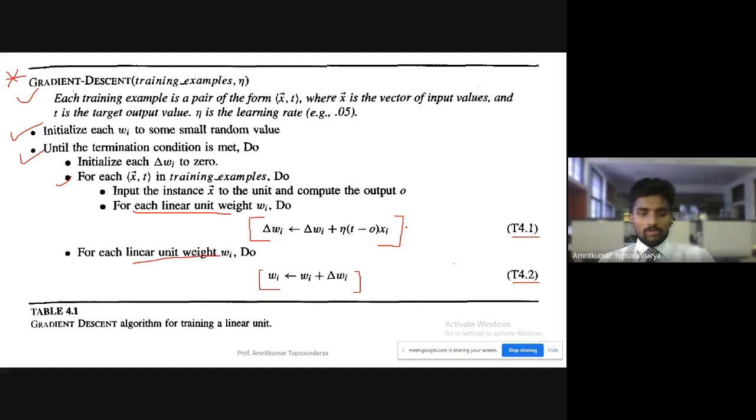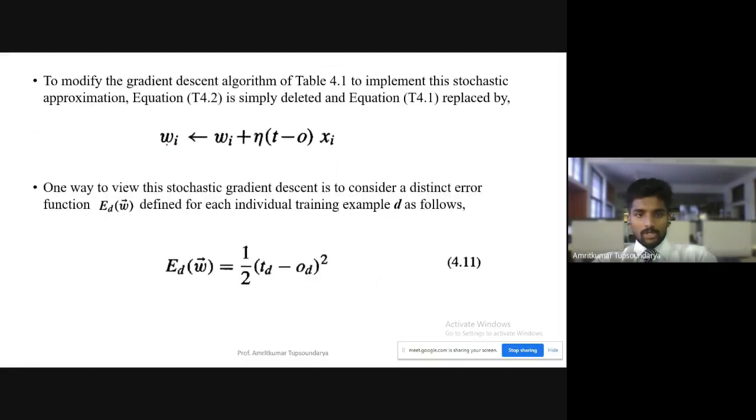So please notice the difference here. The only change in the stochastic gradient descent is the change in the weight formula and the Wi formula, the actual unit weight. Now, what is that change? This particular equation, T4.1, is replaced by this formula: Wi changes to Wi plus eta into (t minus o) into xi, right?